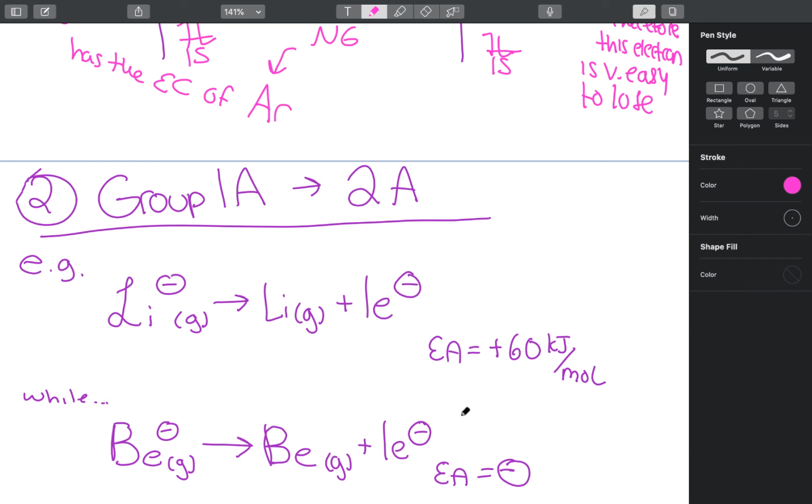So why is this the case? Why does beryllium, which is to the right of lithium, have a negative electron affinity while lithium has a positive electron affinity? Now, in order to describe this behavior, we have to use an orbital diagram again.